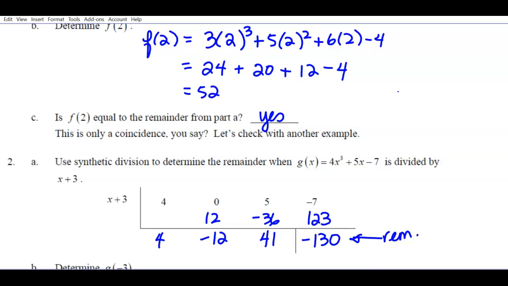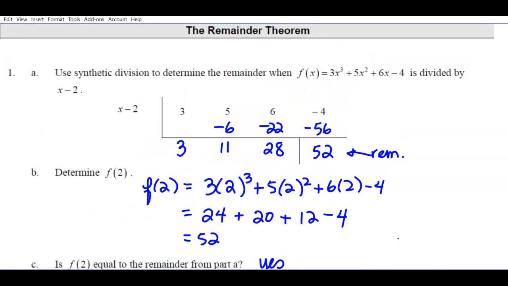Now we're going to substitute negative 3 in. Notice that the value negative 3 is the value that makes this binomial 0. The value 2 up here was the value that made this binomial 0. Okay, so that's going to help us. So let's go back and finish g of negative 3.